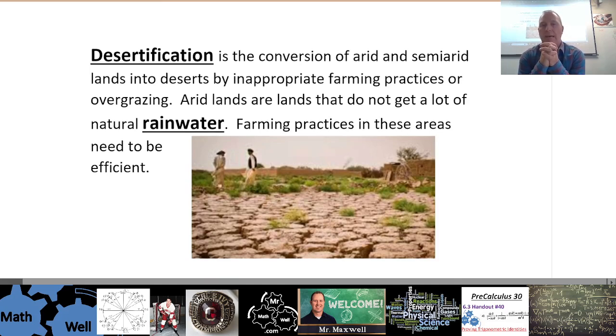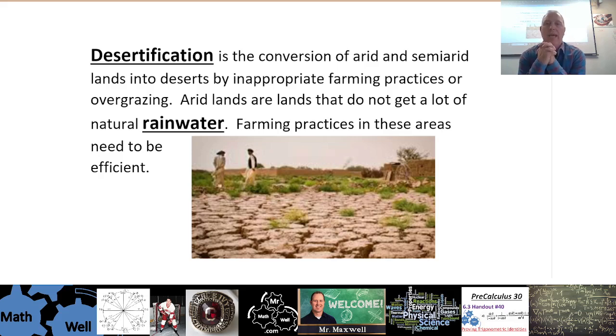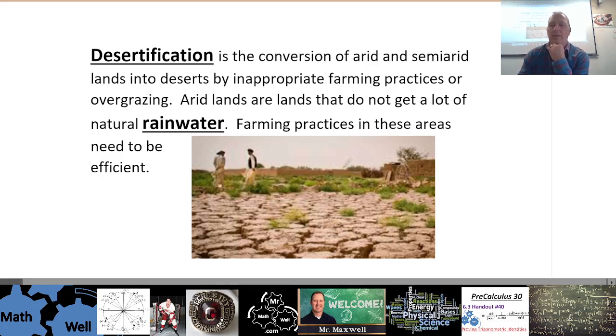Desertification, so it's like making something into a desert. Desertification is the conversion of arid and semi-arid lands, okay, so able to produce, at least semi-able, into deserts by inappropriate farming practices or overgrazing. So you can see there was something growing there, but now it looks dry and cracked.